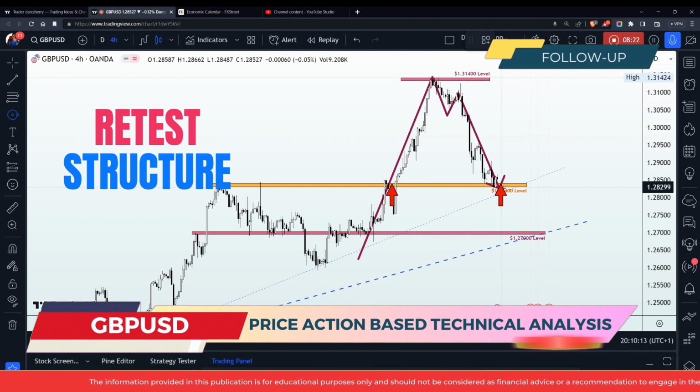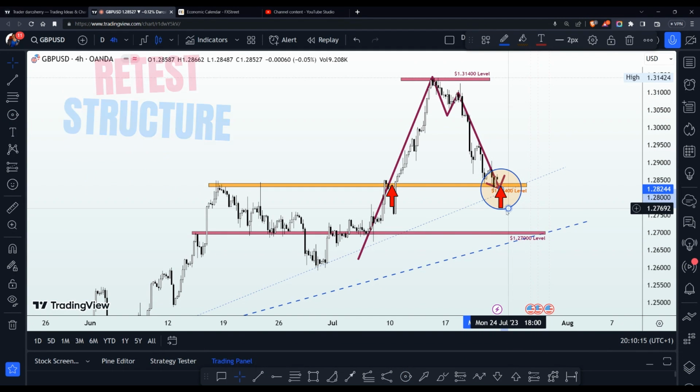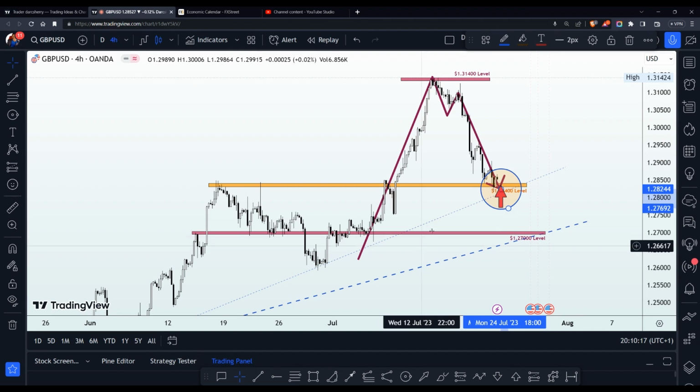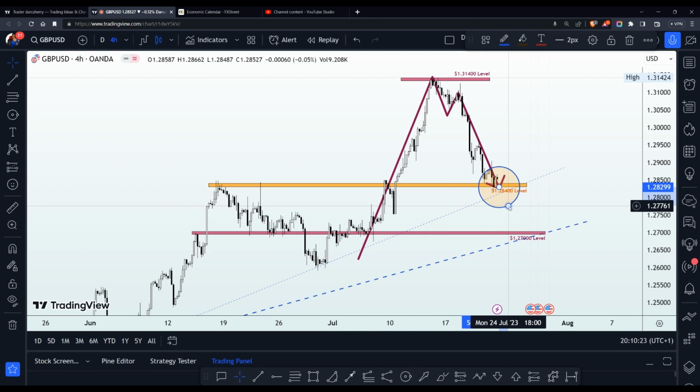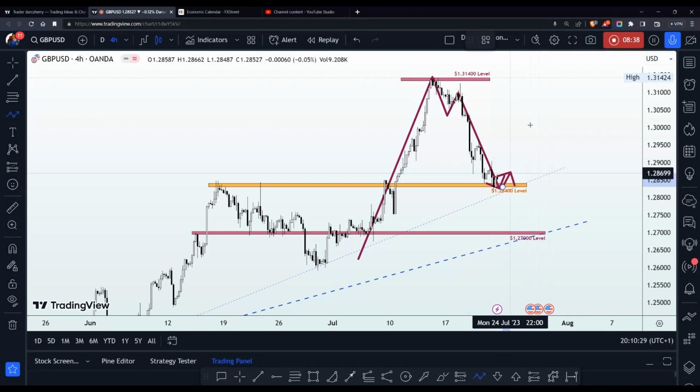And interestingly, that structure also shares a confluence with that ascending trend line. So it's looking very bullish here, but we will still need to exercise some patience to see how the market will react to this confluence, to see if we are truly going to be joining a bullish move or probably joining a bearish move to the downside.